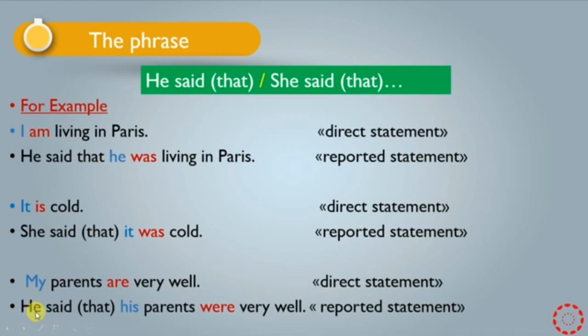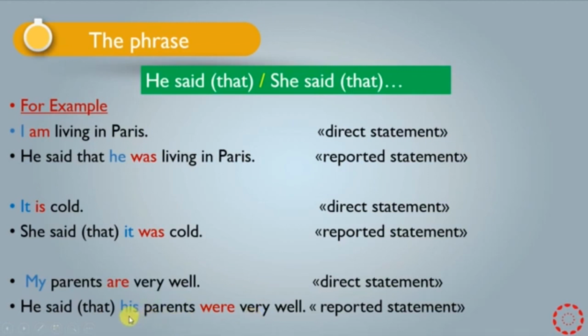As you see, I write he said that. Because I write he said that, I said my changed to his and her. And because I wrote he here, I have to write his. I cannot say he said that her parents. If you want to change to her, you have to change this one also. So you have to say she said that her parents were very well.